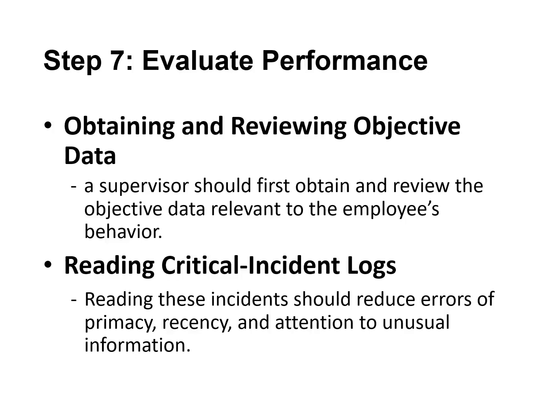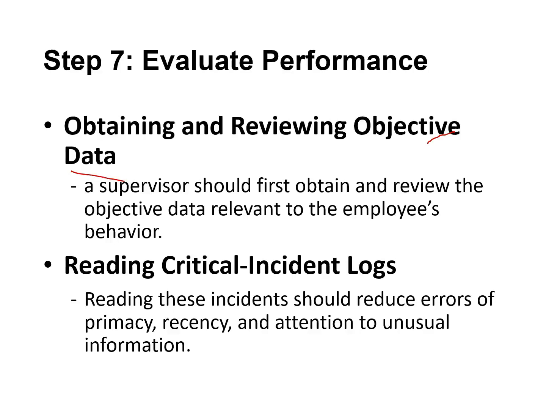Okay, so now you're ready to rate the performance of your subordinates or anyone else in your company. In order for you to do so, let's talk about step 7, evaluating performance. What you need to do in this stage is first to obtain and review objective data. That's why I told you about documenting performance earlier, because you are now going to use it.